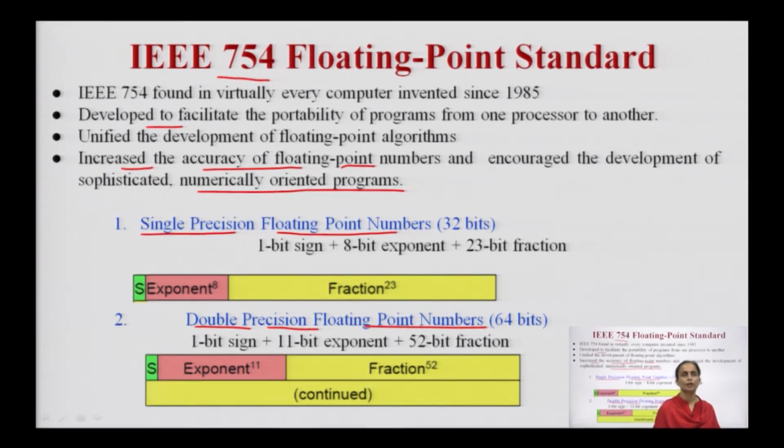Then moving on to double precision floating point numbers, again it comprises 3 parts: sign bit, exponent and fraction. The sign bit is 1 bit, the exponent moves to 11 bits, and the remaining 64 minus 12, that is 52 bits, form the fraction part.